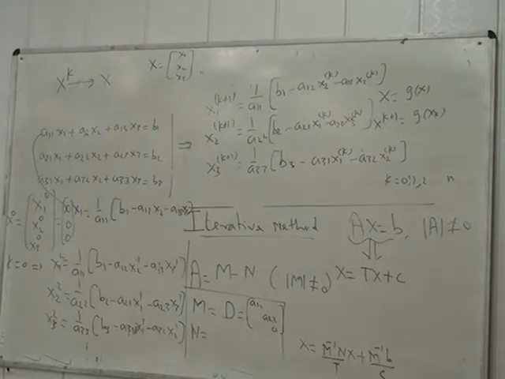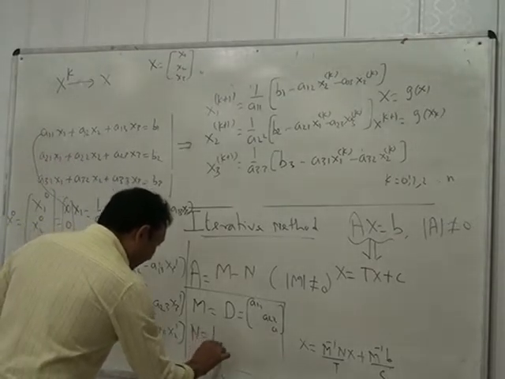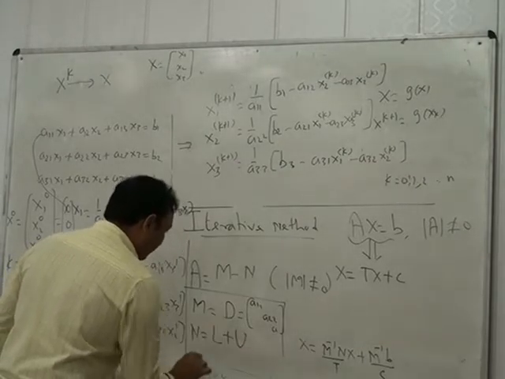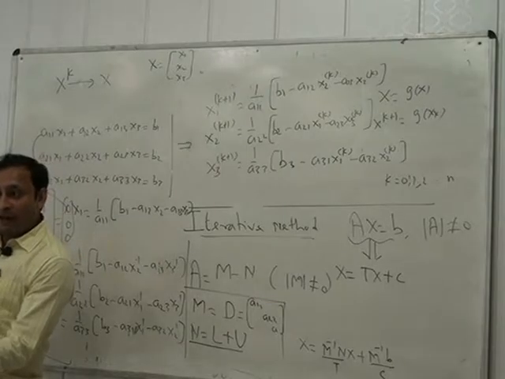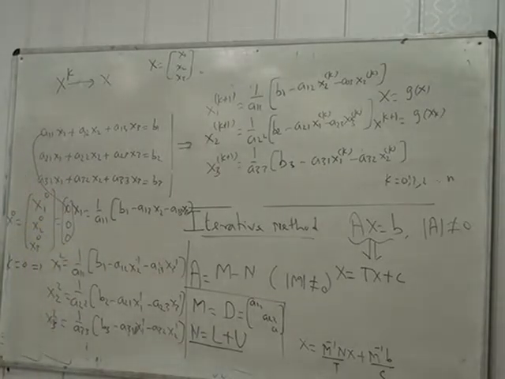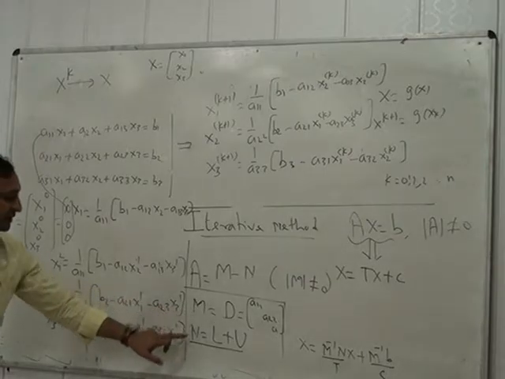I will tell you, this is L plus U. L is the lower triangular matrix and U is the upper triangular matrix. I will come back to this, but you don't have to write it. The next question would be, suppose you have an n by n matrix, can we always write A as L into U, lower triangular and upper triangular? But theoretically you can check, this is my M, this is my N.